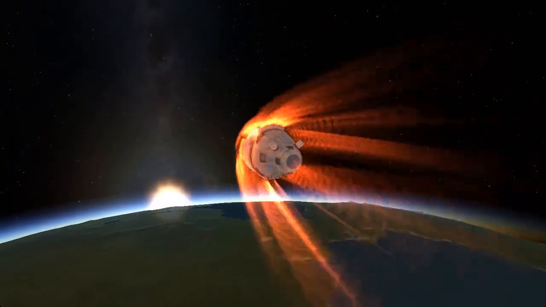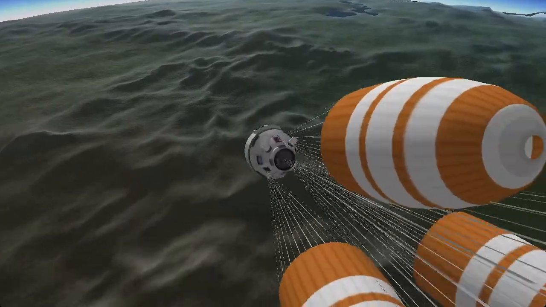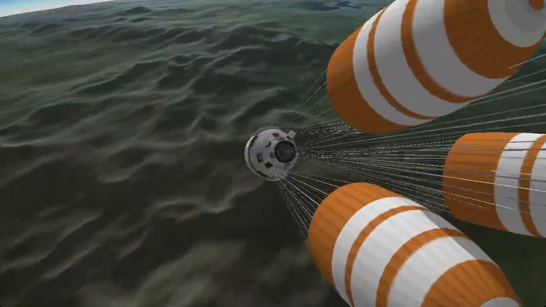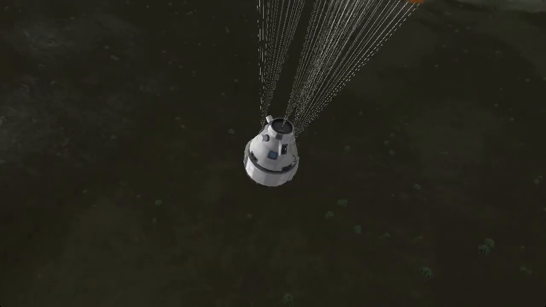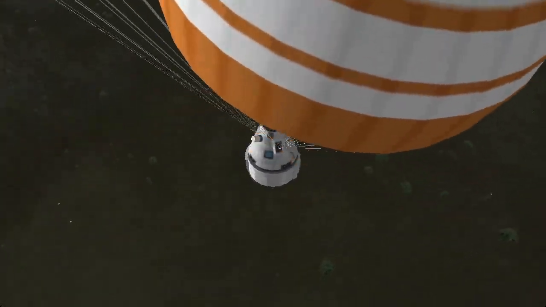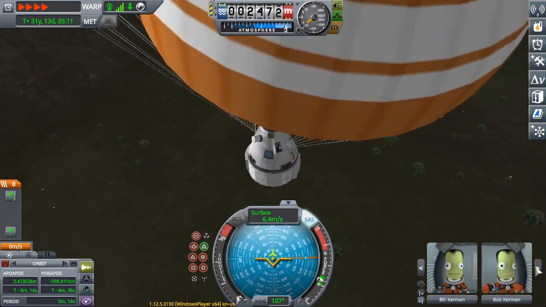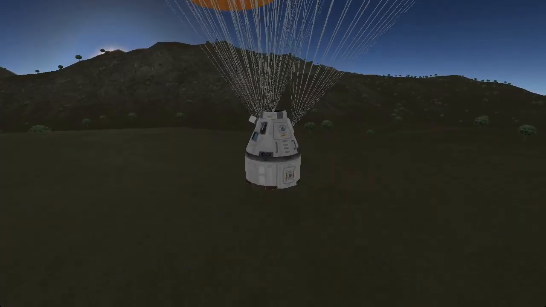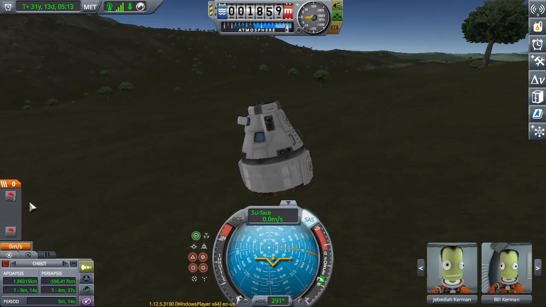Look at that beautiful sunrise. So we're landing in this kind of mountainous region and all that. There you go. We are safe at last. Jebediah, Bill Kerman, and Bob Kerman. We have touched down. Let's go.